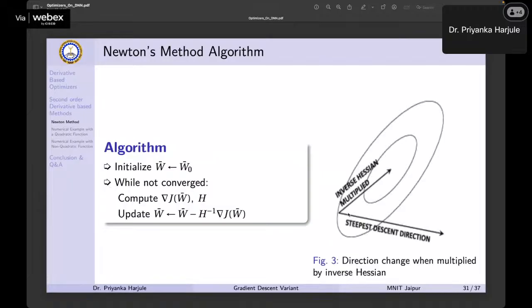So that you can take larger steps in that direction, for the better improvement of the objective function.